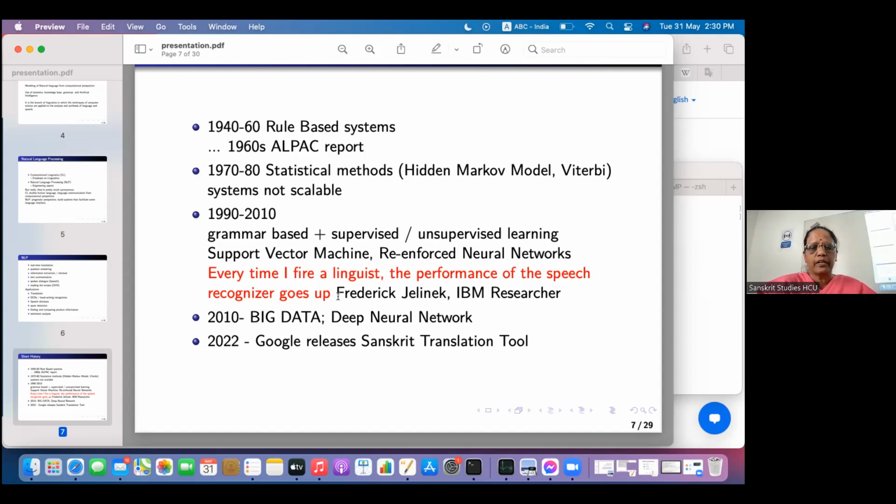And that's what happened during the 1990s and till 2010. And in 2010 there was again a revolution. These big data, how big? It was in millions or trillions of words.